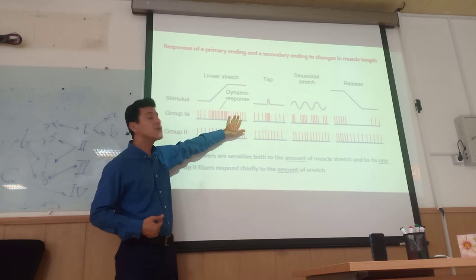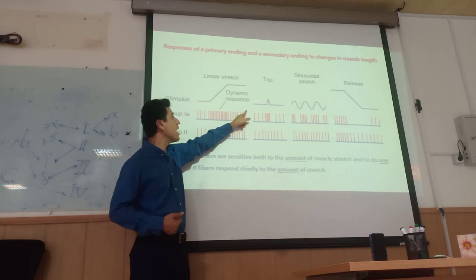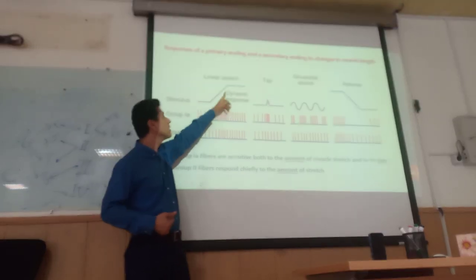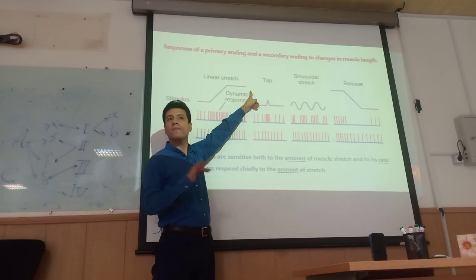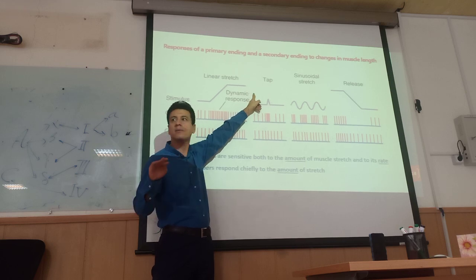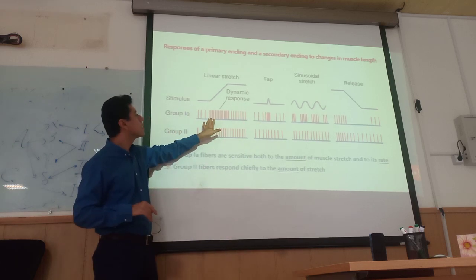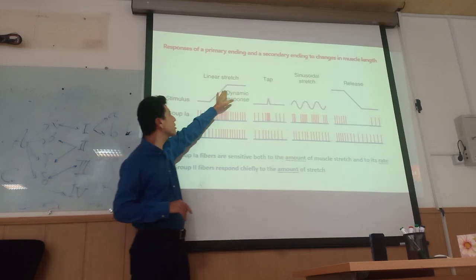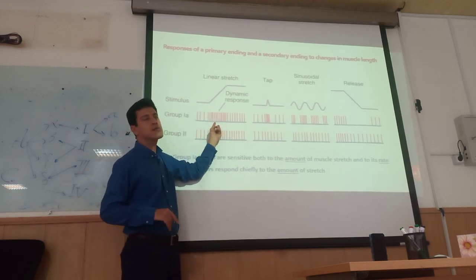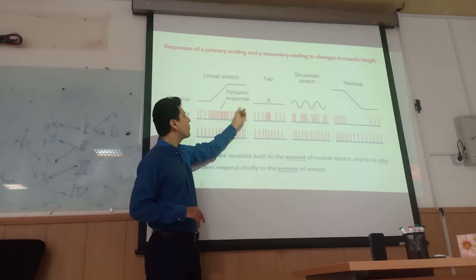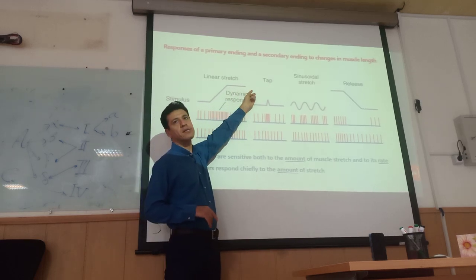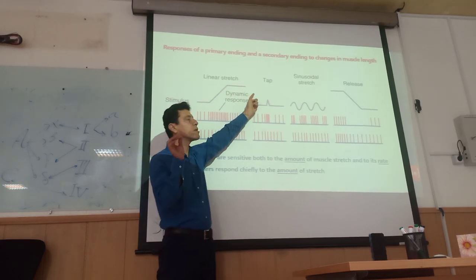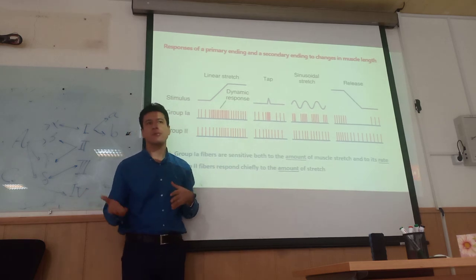But static response is the action potentials that are made when the stretch is ended, is constant, right? So, increase in the firing rate during the stretch is called dynamic response. Increase in the firing rate that happens during the constant stretch is called static response.